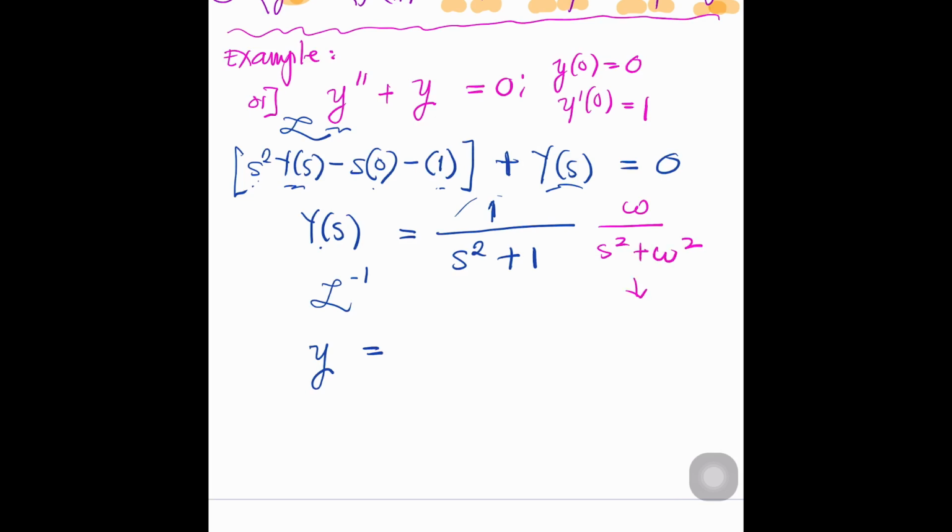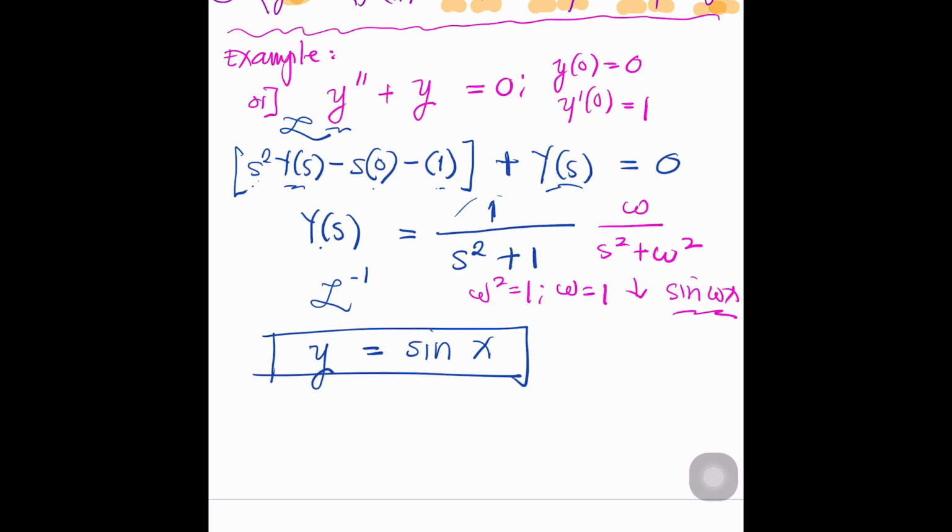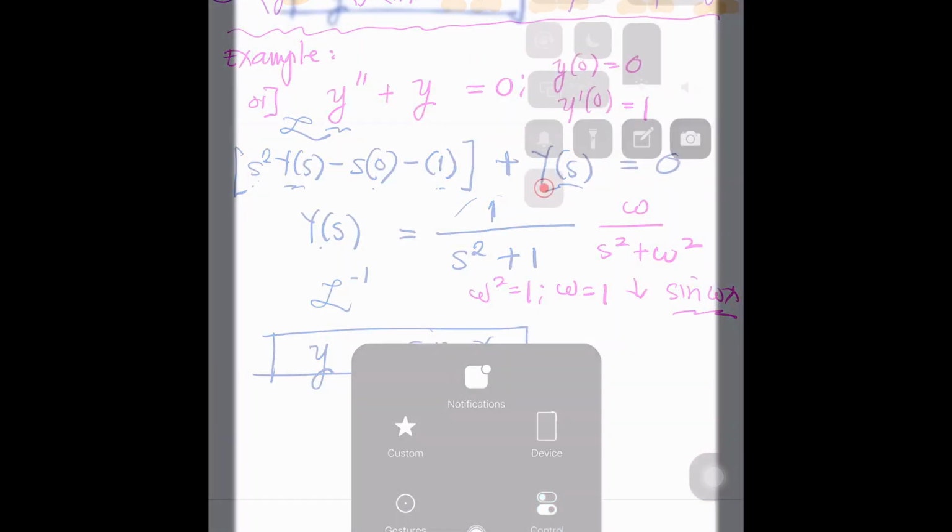And the inverse Laplace is sine omega x. In this equation, your omega squared is equal to 1. Therefore, your omega is equal to 1. So the value should be written in terms of sine omega x. Since omega is equal to 1, it becomes sine x. So simply, the answer is y equals sine x. So that's the first example.